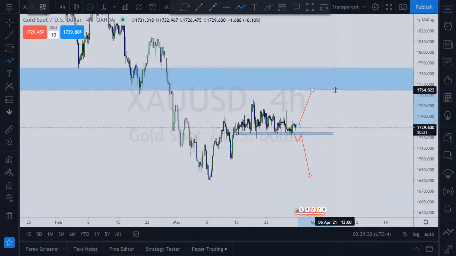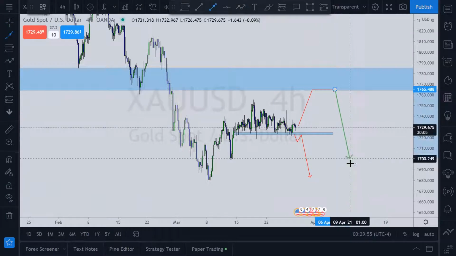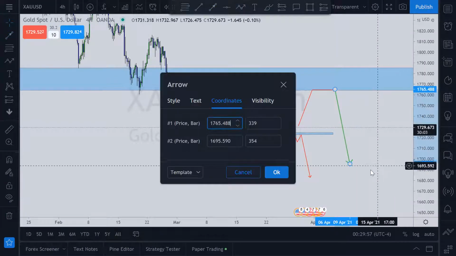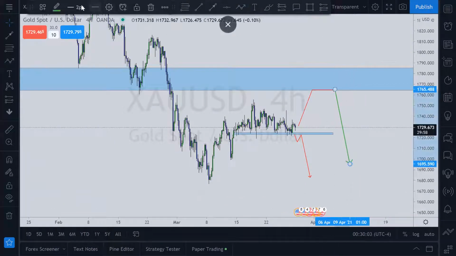Let it find some wicks of rejection and a nice bearish engulfer, or a good bearish candle that looks like a full-bodied momentum candle, and then we can take that downtown. That was disappointing. So that's what I'm looking at. This should be red.